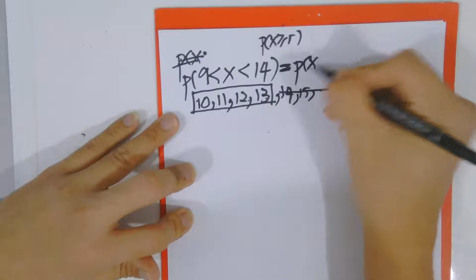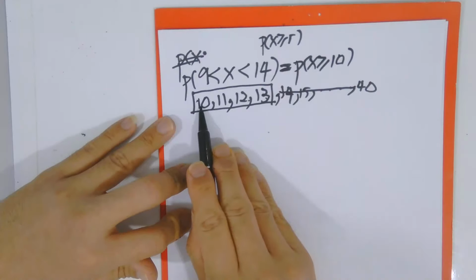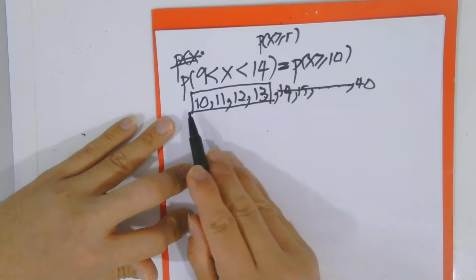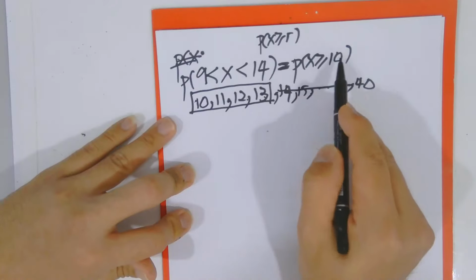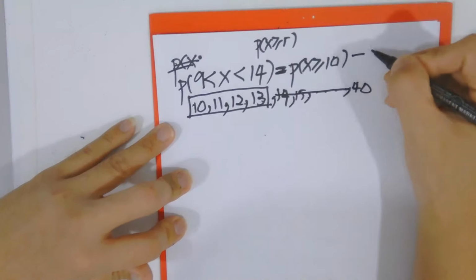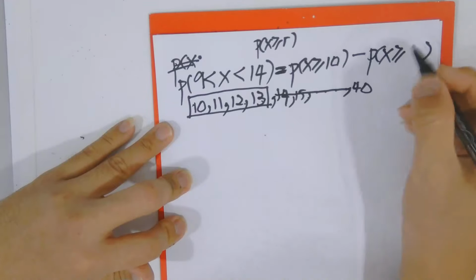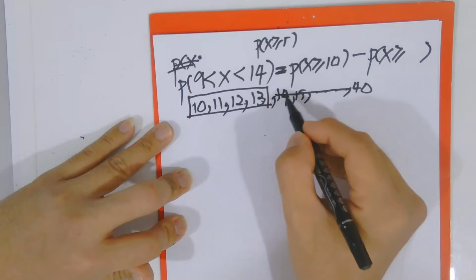So it must be at least 10. From here, 10, 11, 12, 13, 14, 15, up to 40. All these values, from 10 up to 40, is at least 10. Then you have to subtract away the probability of X at least what? This is the most important value here.